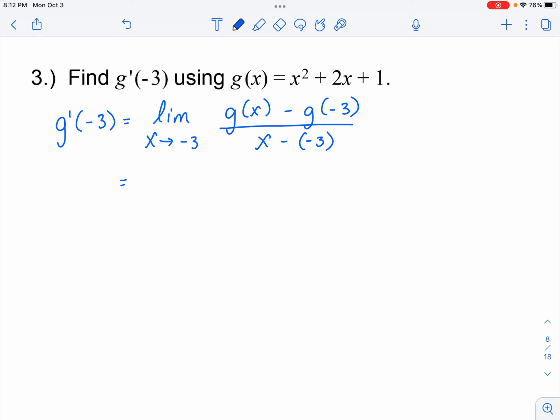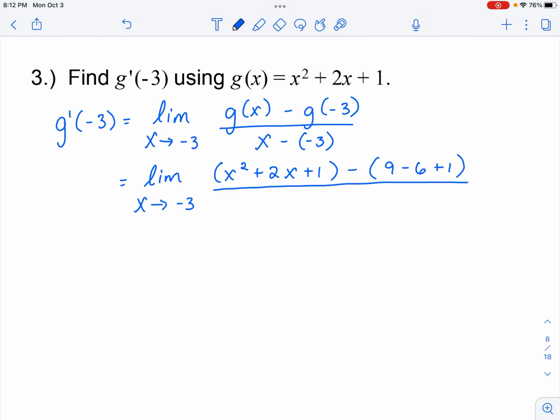So what that means we're looking at here is the limit as x approaches negative 3 of g of x, which is x squared plus 2x plus 1, minus g of negative 3. Negative 3 squared is 9, plus 2 times negative 3 is minus 6, plus 1, all over x minus negative 3, which is really just x plus 3.